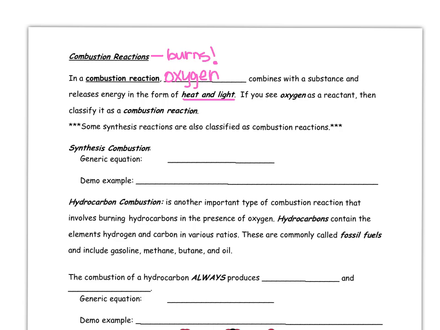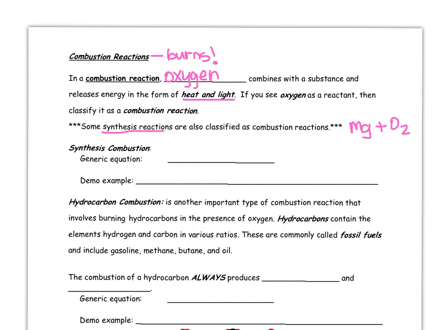There are synthesis reactions that can also be classified as combustion reactions. For example, the one that we did in class and that you did in a lab was when we took magnesium and burned the magnesium with oxygen. That burning of magnesium was actually a synthesis reaction, but at the same time combustion, because we were burning that metal. Not all metals will burn and react with oxygen.